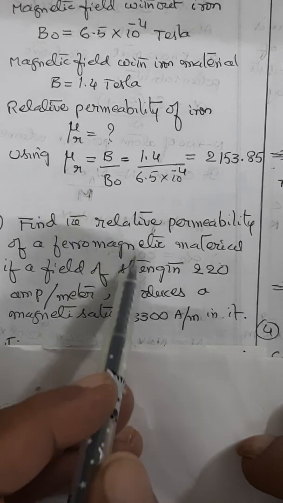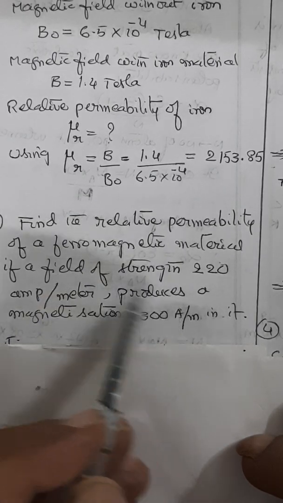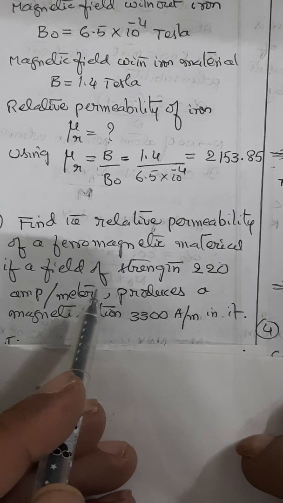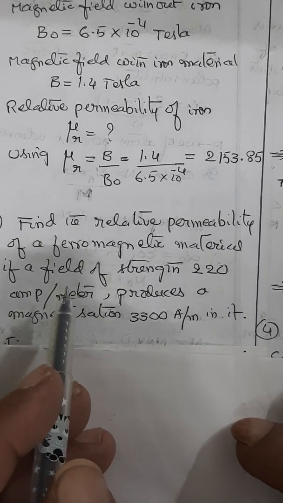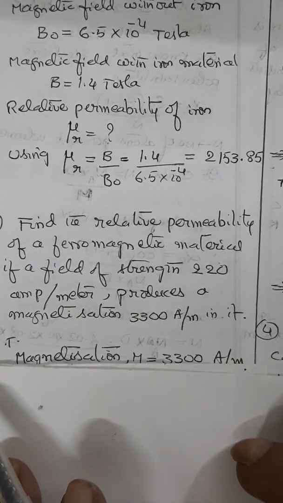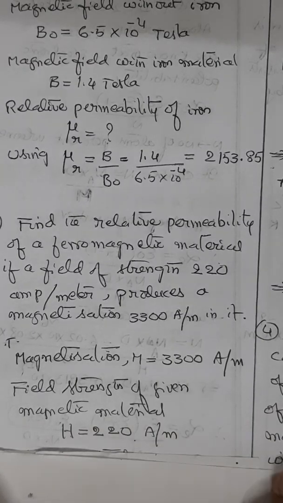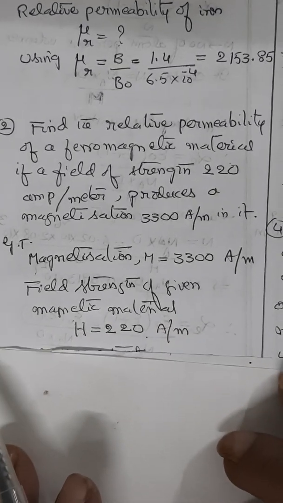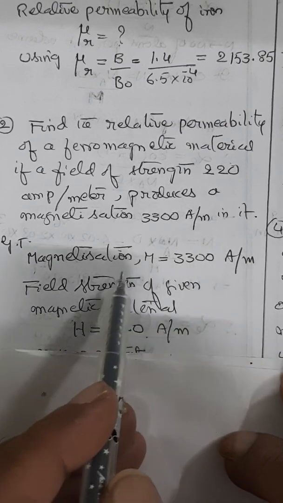Now here the relative permeability is the ratio of M and H and adding 1 to that. So that is mu r is equal to M by H plus 1 formula is being used. So let us note down what is given. Magnetization is given and H value is given. That is M value is 3300 ampere per meter.